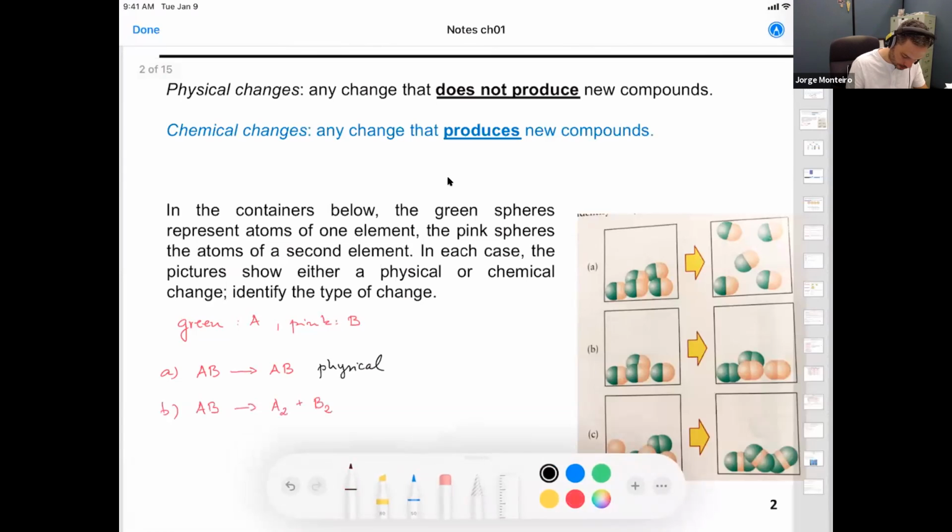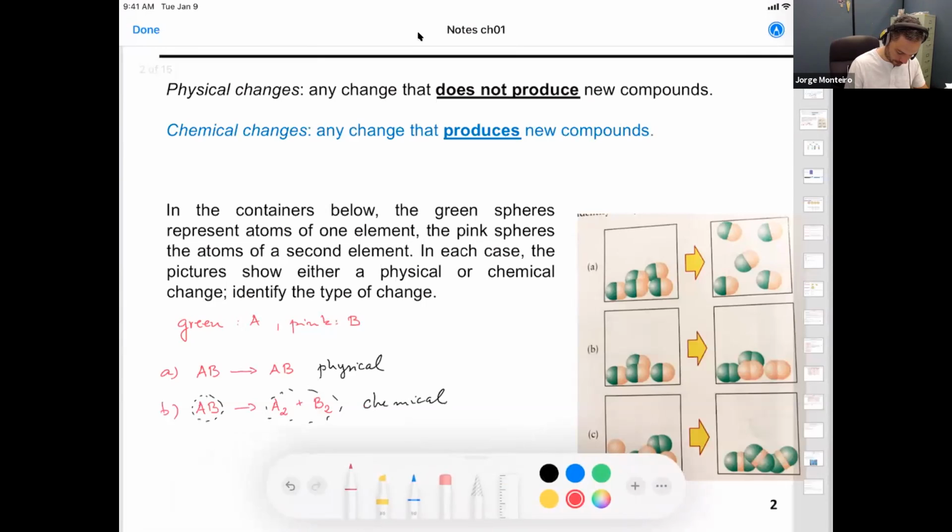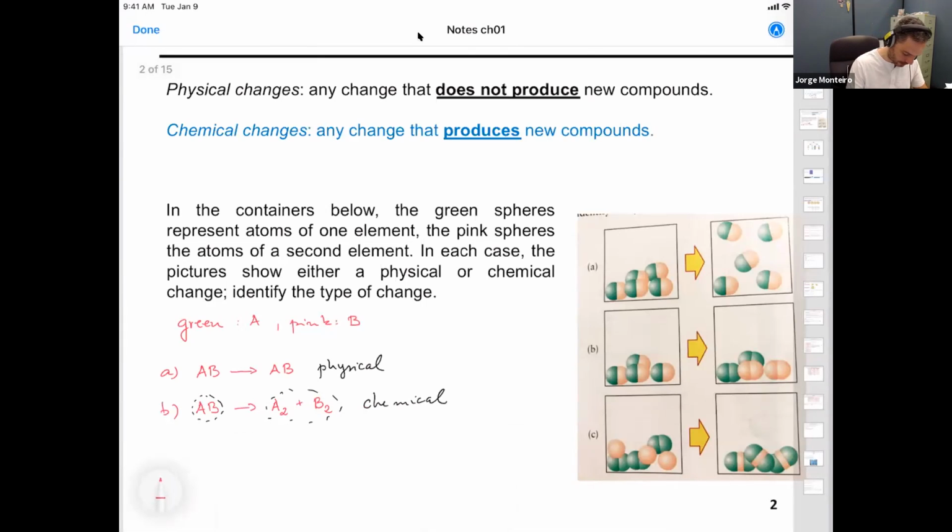Okay. So every time you have an atom bonded to itself, we are going to use the index. Looking at the beginning and at the end, we can clearly see here that we produced new compounds, and therefore we have a chemical transformation. So far, so good.